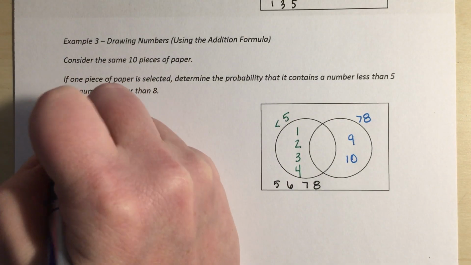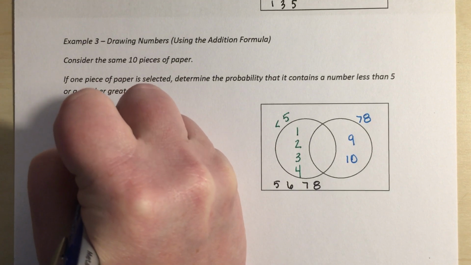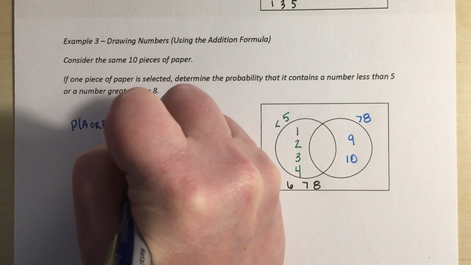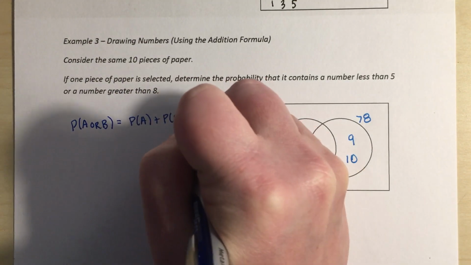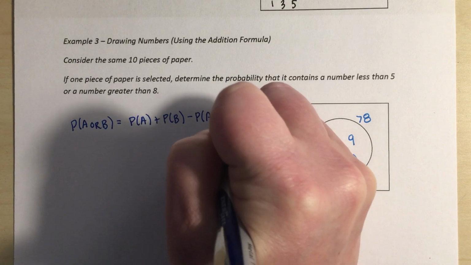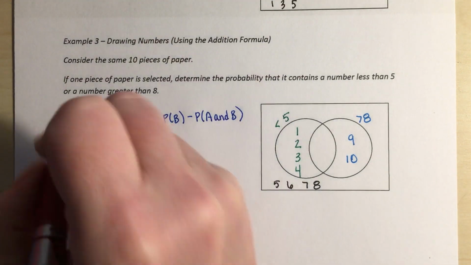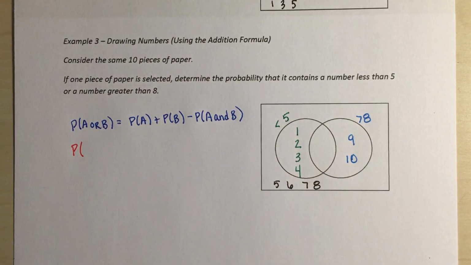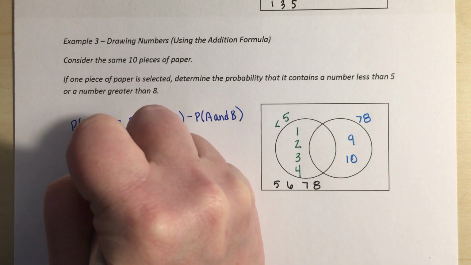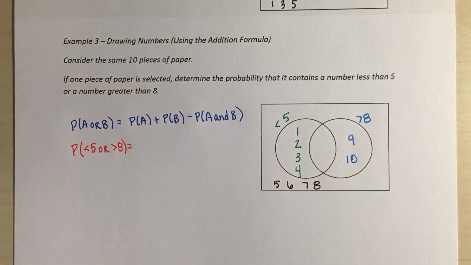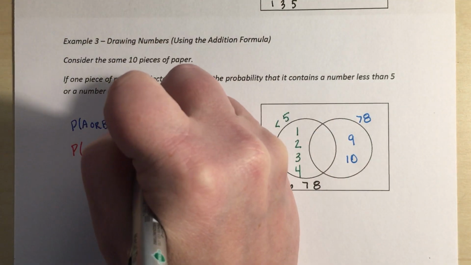So our probability of A or B equals our probability of A plus our probability of B minus our probability of both A and B. We are looking for the probability that we are less than 5 or greater than 8. Our probability of A, we'll say again, is our less than 5.